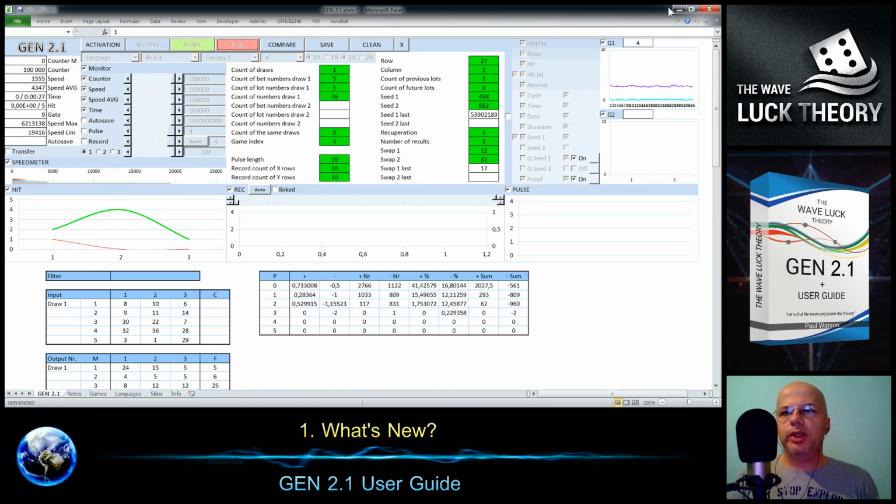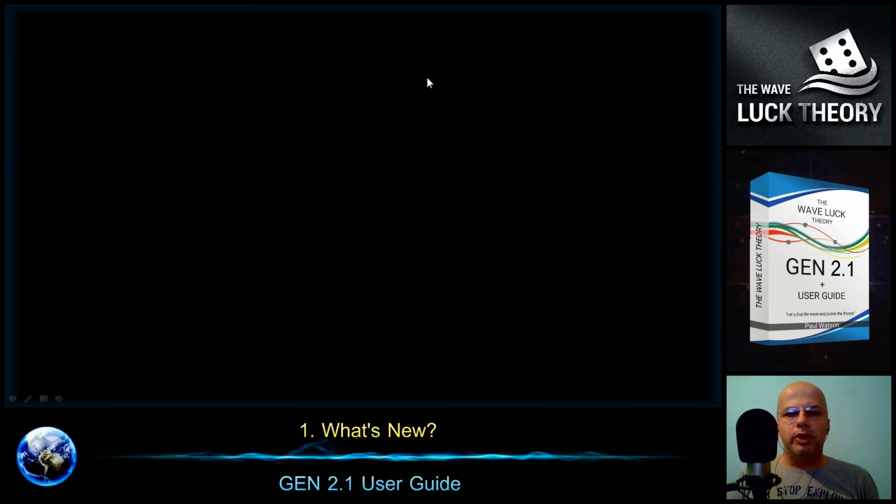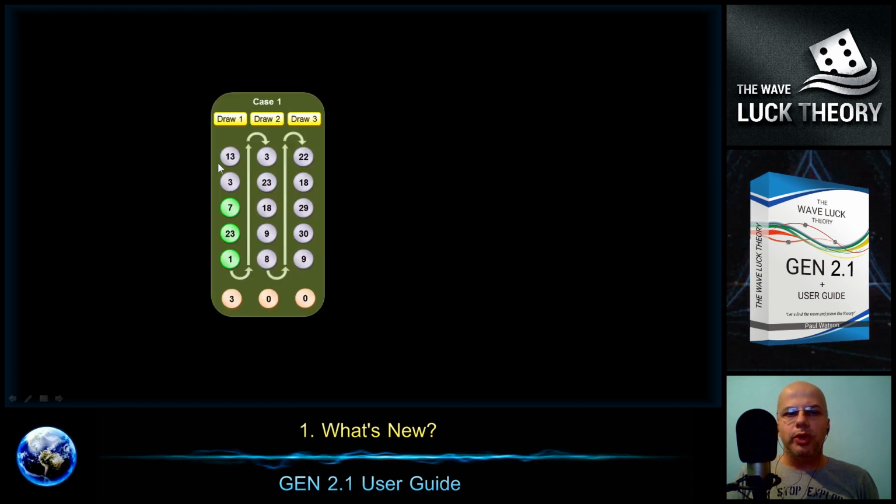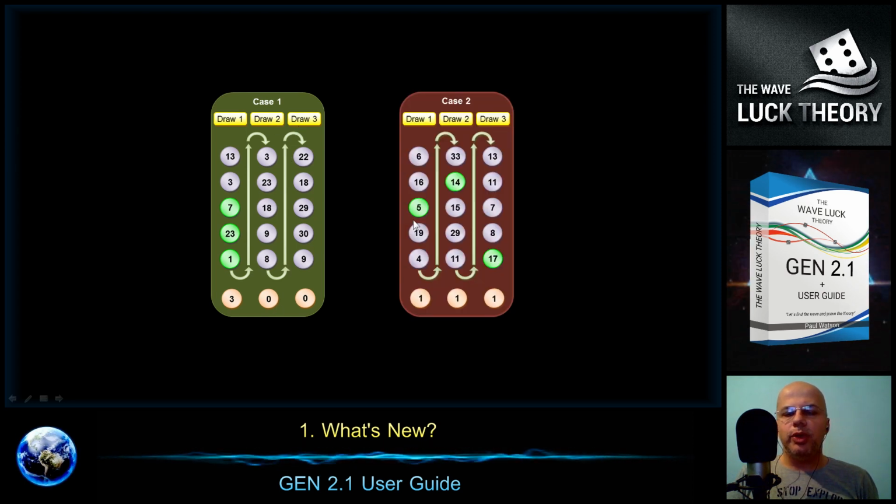Let me explain it in more detail right now in a small presentation to distinguish the situation. On one side we have the case where we have 3 hits in one drawing day and no hits in the upcoming 2 drawing days, and on the other side we have always 1 hit in each drawing day.